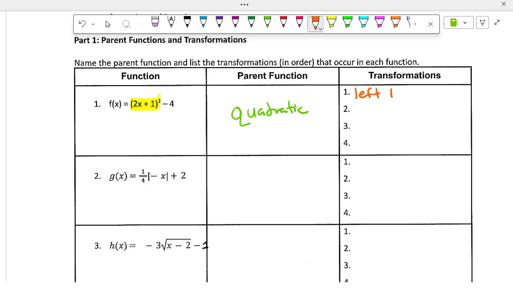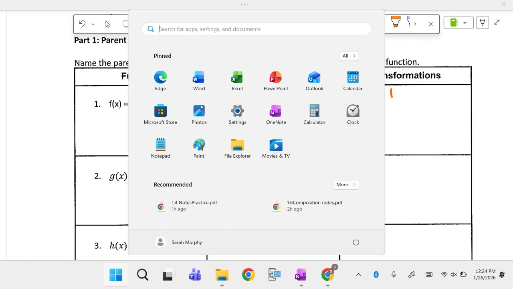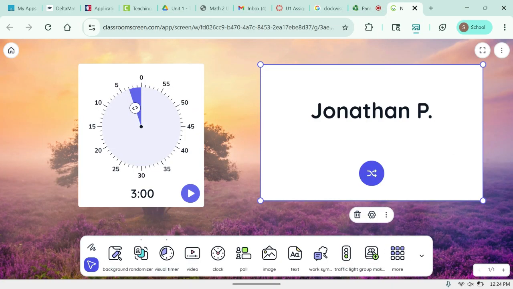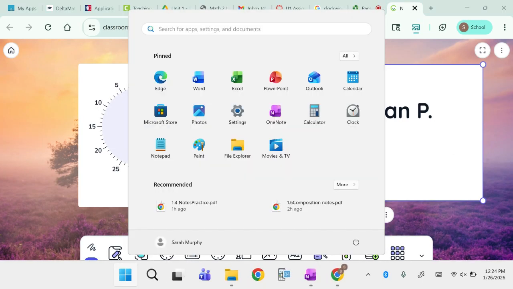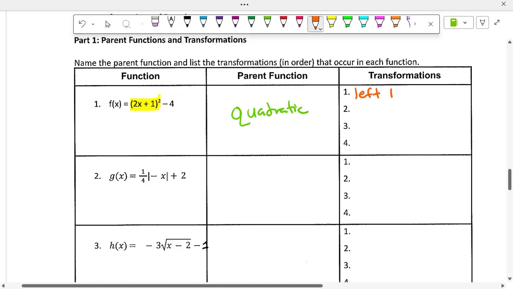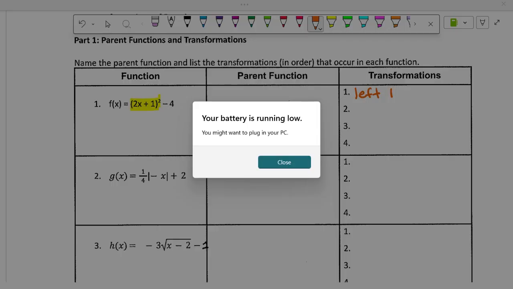Okay? Now, any dilations? All right, let's go Jonathan P. So, dilation. What number would tell me my dilation?